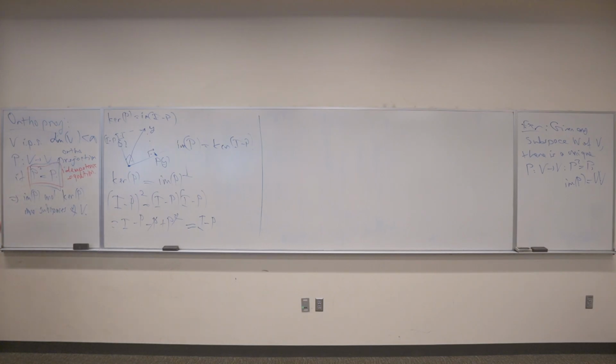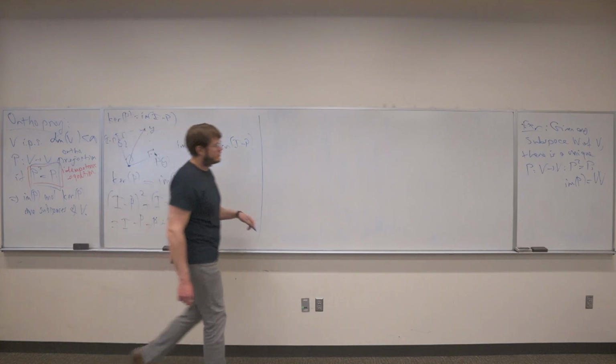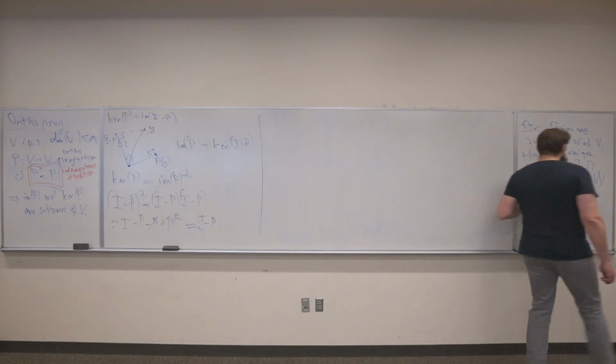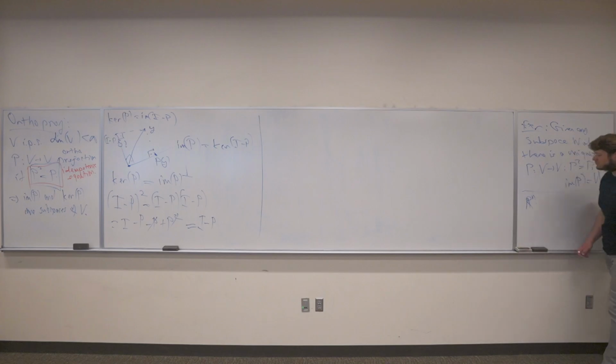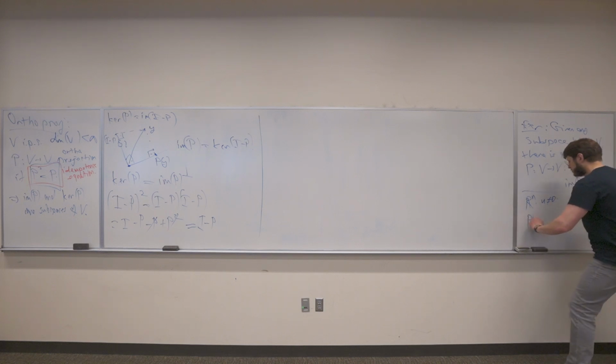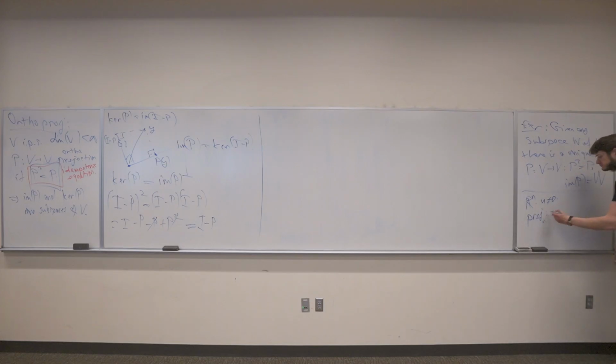So from a more practical point of view, in the case of R^n, if we have a non-zero vector U, we talked about how to orthogonally project onto the span of U, proj sub U. This is a linear transformation from R^n to R^n.